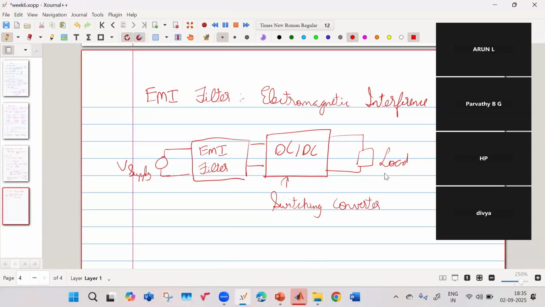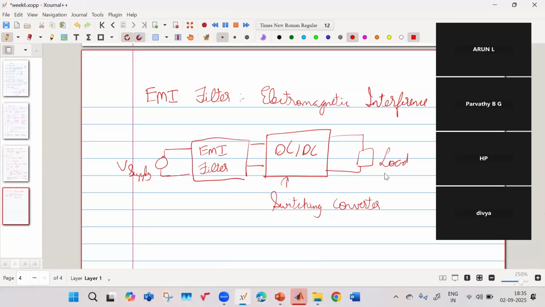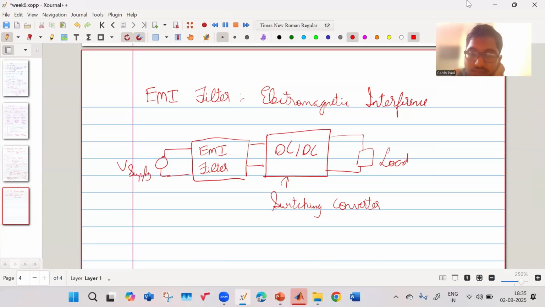They all become very silent. Okay, Arun, what is it? Only non-linear. I couldn't hear, sir. Yeah, Parvati is saying it is non-linear. So I asked, is your DC-DC converter linear or non-linear? Non-linear. Okay.